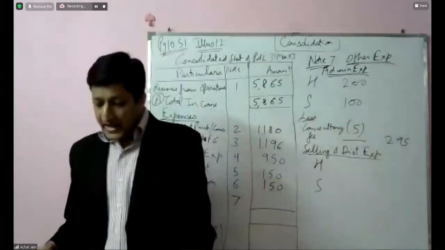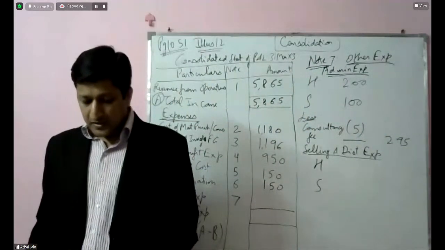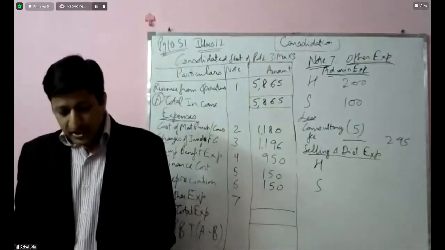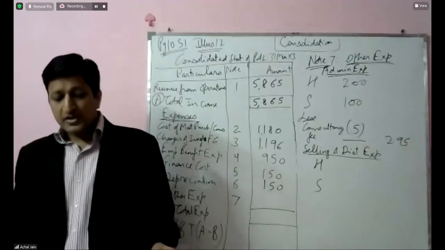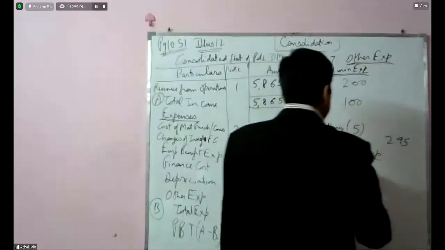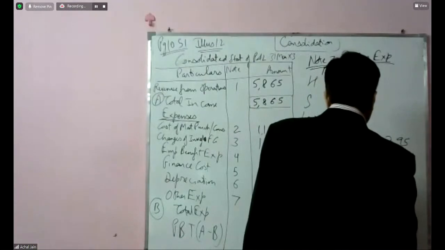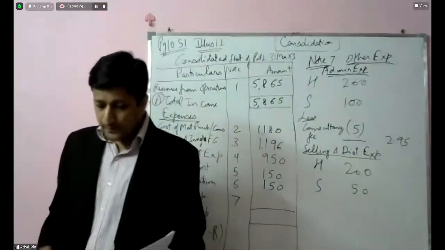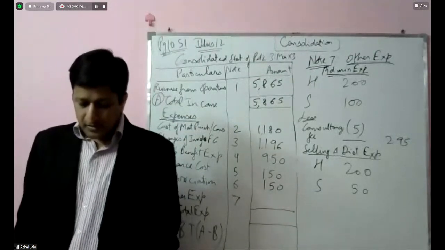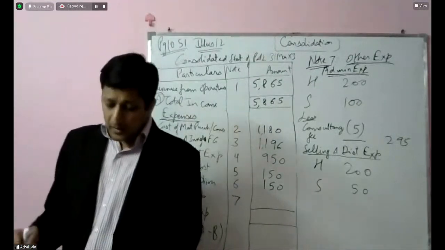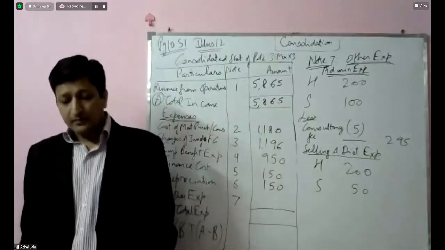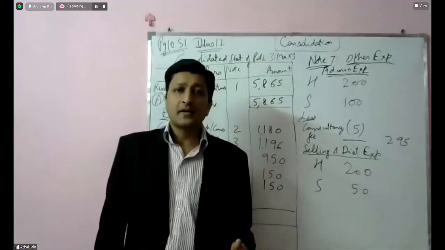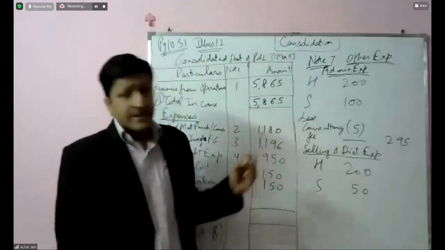Then we have selling and distribution expenses. Here again, for H and S, this is 250. And for selling and distribution expenses, there is again an intercompany transaction in respect of commission, which we have already adjusted in the income part, but not yet adjusted in the expense part.